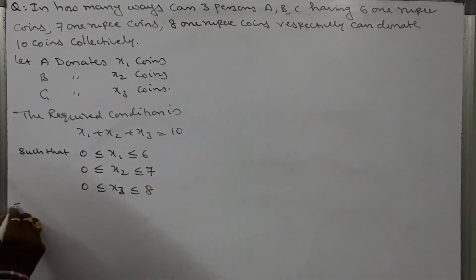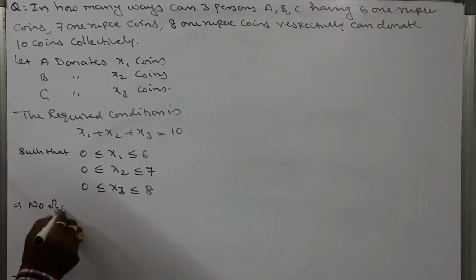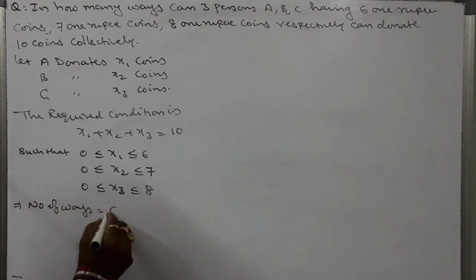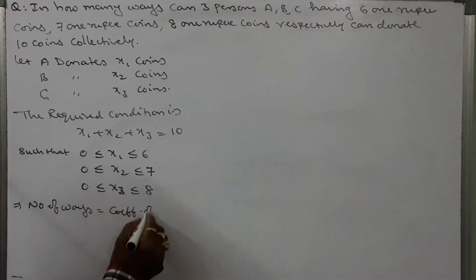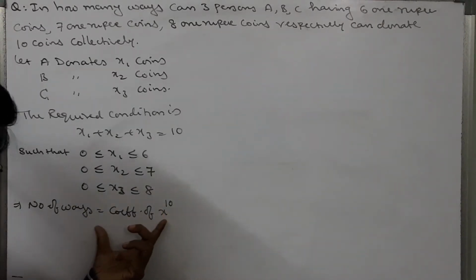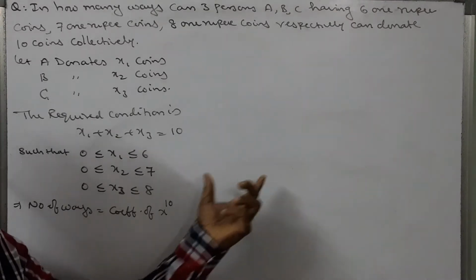So the number of ways they can donate is equal to the coefficient of, this is the important step, remaining is the calculation part. How to write is important. Try to understand that. Once you understand how to write, the simplification part you can easily do.